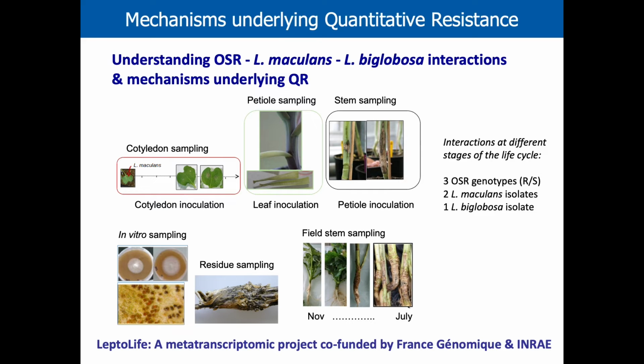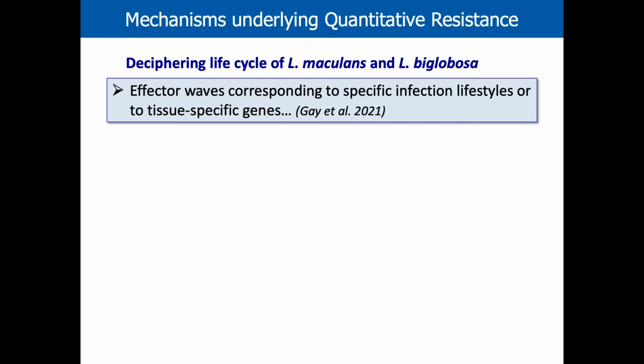petiole sampling after leaf inoculation, stem sampling after petiole inoculation, and stem sampling in the field at different times of the season. In addition, in vitro and residue samplings were performed to complete the life cycle. This wide study allowed us to decipher the life cycle of Leptosphaeria maculans and biglobosa.